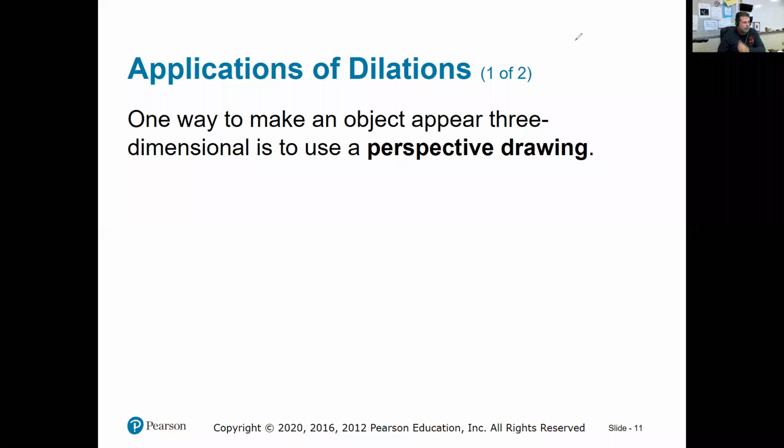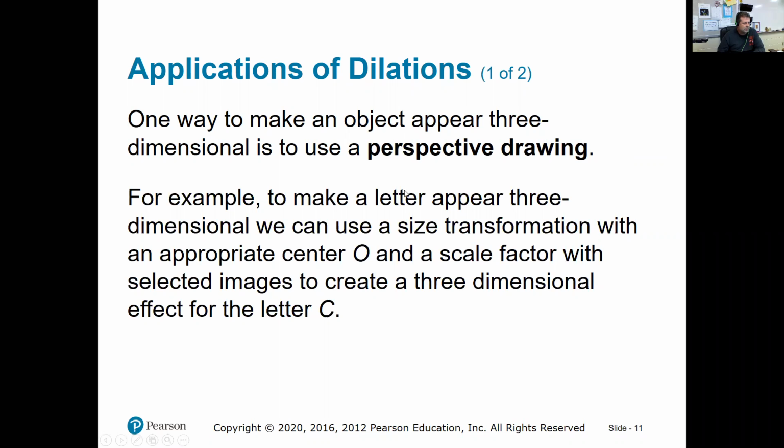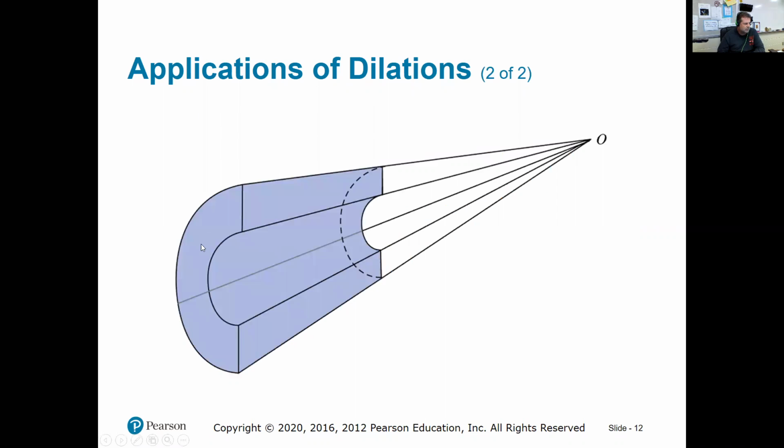All right, one way to make an object appear three-dimensional is to use perspective drawing. This is something they do in art class. For example, to make the letter C appear three-dimensional, we can use a size transformation with the appropriate center O and a scale factor. So here I have the letter C, and to make it three-dimensional, we can send every important point.